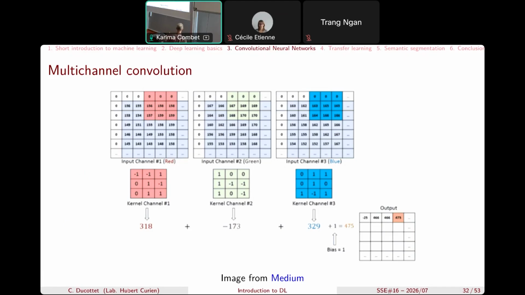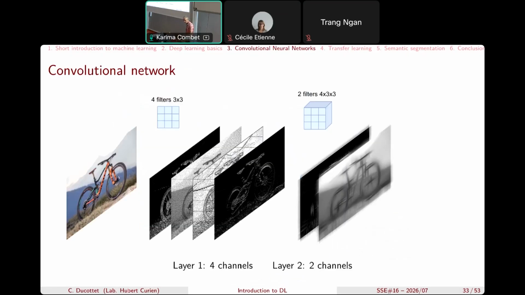For each output, we are integrating all the information over the channels. So basically what we will have here, another feature map, will be a combination of these with a filter, and we could also have another filter. That's why I put 2 filters here.